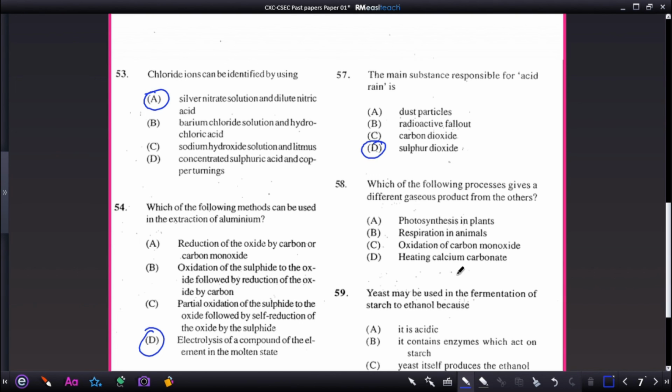Oxidation of carbon monoxide, oxidation plus the oxygen gives you carbon dioxide. Heating calcium carbonate would produce calcium oxide and carbon dioxide. So which one is the answer? In each case, all of them produce carbon dioxide. However, photosynthesis produces oxygen and the glucose sugar. So the answer is A.